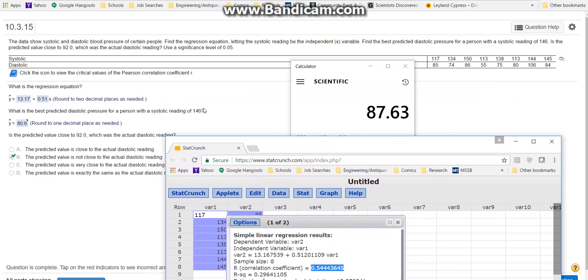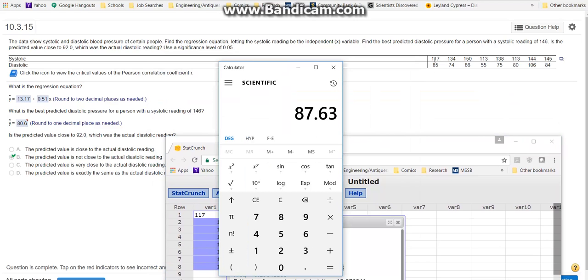And I will tell you the reason why. Look at this data here. This data ranges from 117 up to 145. So the value of 146 is not included in the range. My rule for regression is as follows. I have several rules, but this is an important rule.